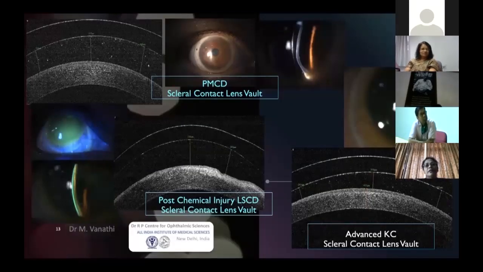One other place where in cornea practice, anterior segment OCT is playing a very useful role is in the area of scleral contact lens fittings for advanced corneal ectasias here. And as we are fitting more and more of our ectasia patients who are cross-linked with contact lenses, Rose K and scleral contact lenses, anterior segment OCT assesses what is known as the tear film vault here.